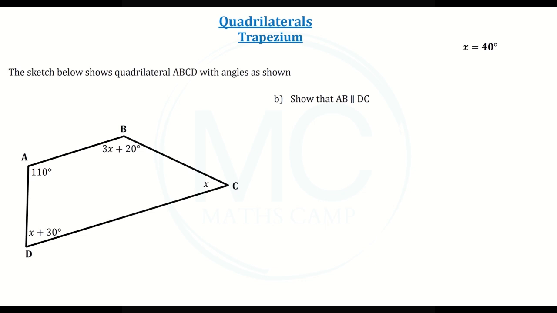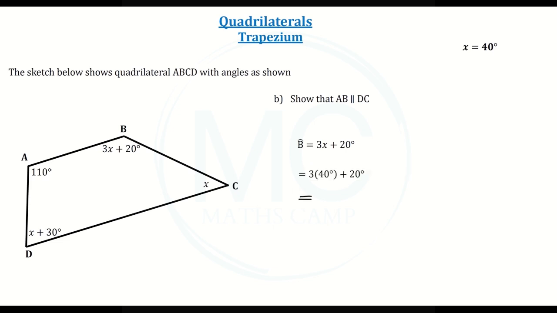Now we can look at angle B. The diagram tells us that angle B is equal to 3x plus 20 degrees. We know that x is 40, so we can say 3 multiplied by 40 degrees plus 20 degrees.